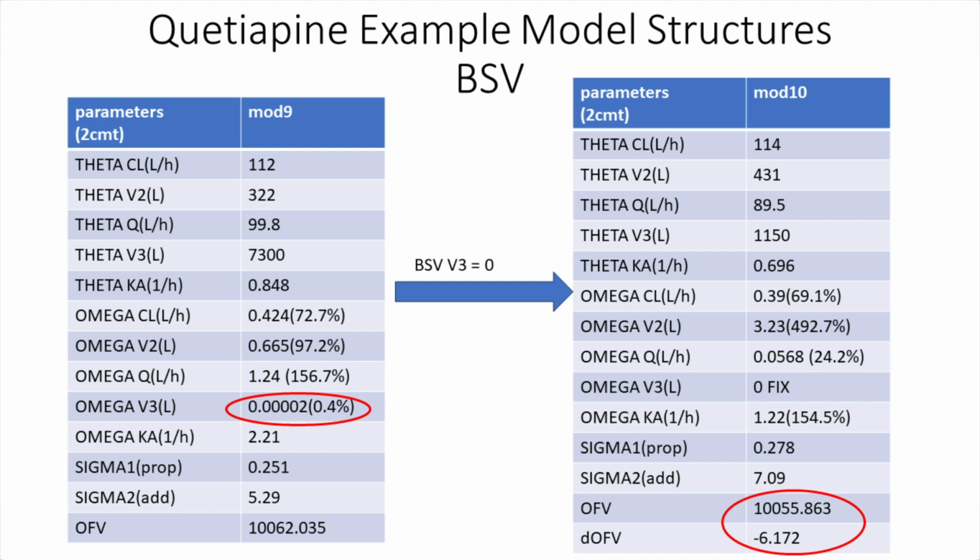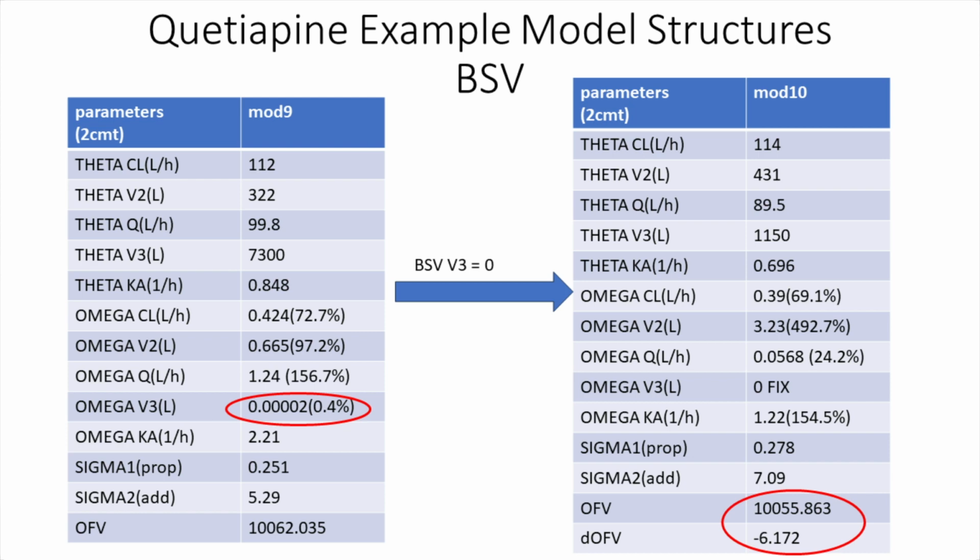Now we're considering between subject variability. You'll see that the estimate for the between subject variability on the peripheral volume of distribution here, omega V3, is extremely low, right? 0.4% between individual. Well, that means it's probably not having a significant impact on the disposition, and it's an extra parameter.